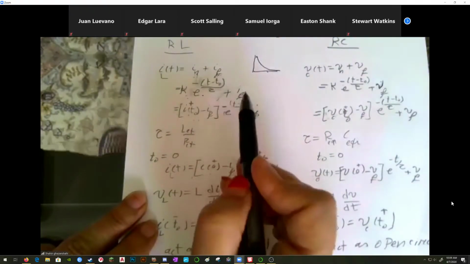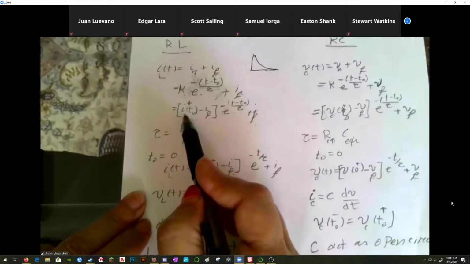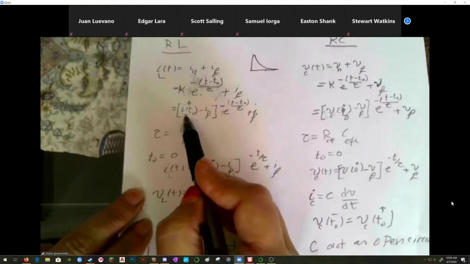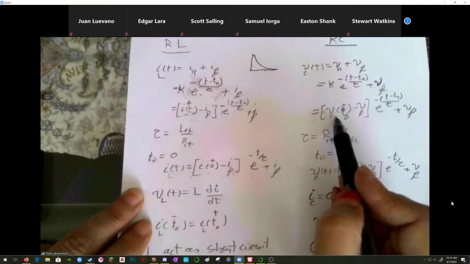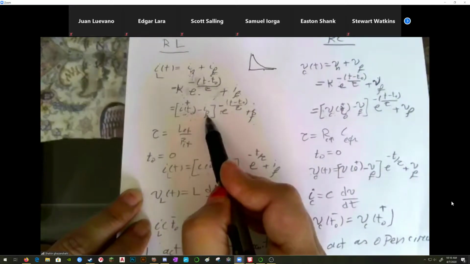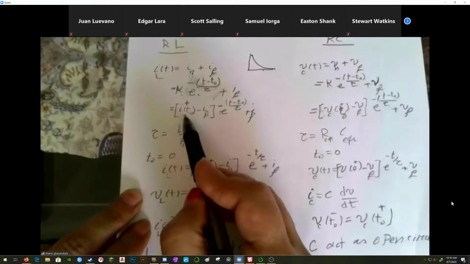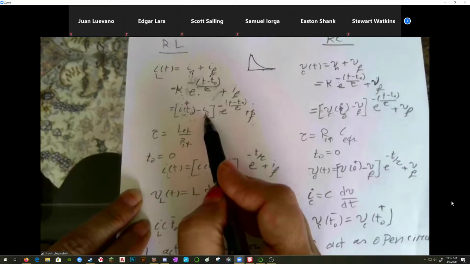Last time I showed you that this constant K is a difference between the initial response, if it is current, current, if it is voltage, voltage, correct? And the forced response. So this K is between the initial and final or forced response.